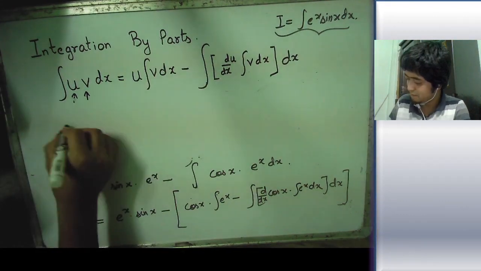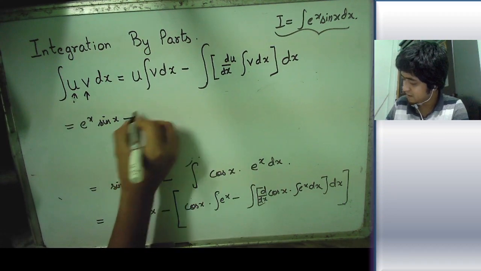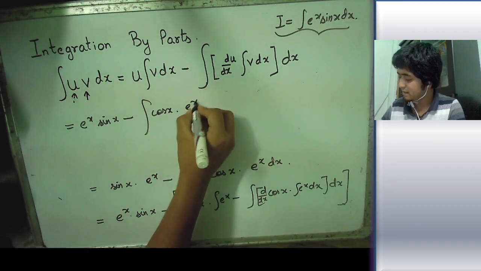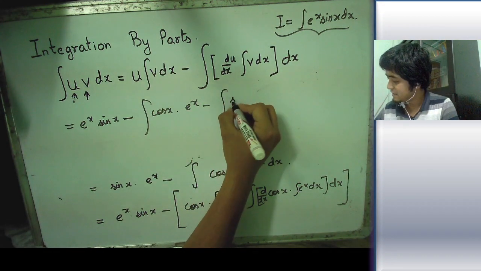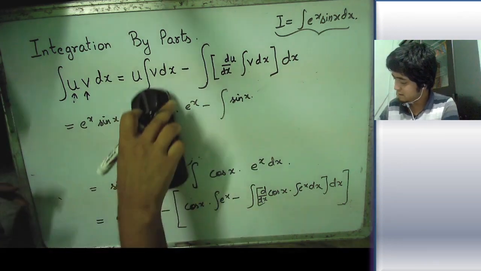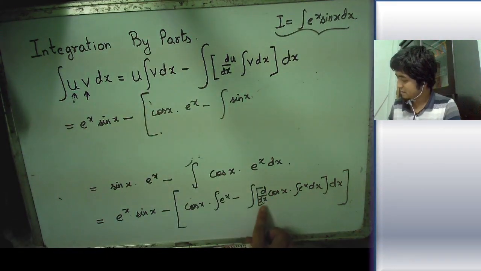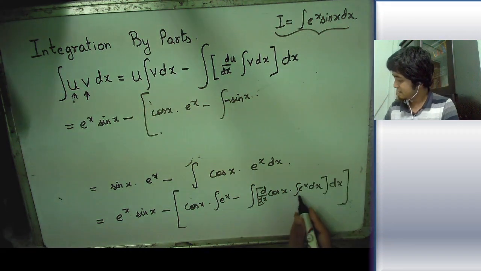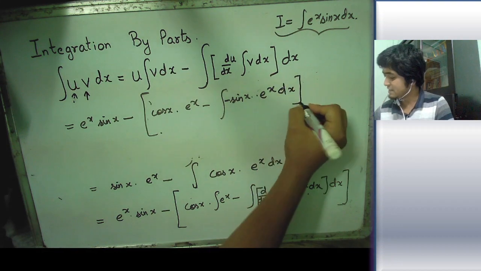So here we will get e^x cos x, minus integration. Sorry, this one is a square bracket. d/dx of cos x will give you minus sin x. Integration of e^x will give you again e^x. Then you will have dx.